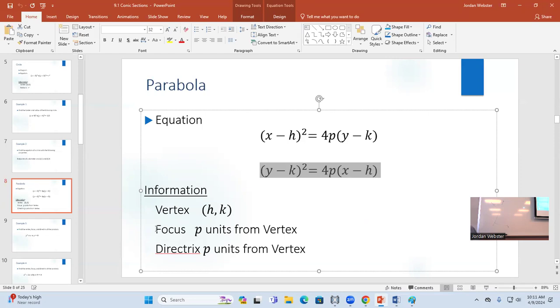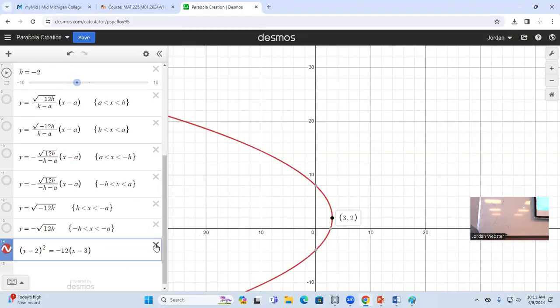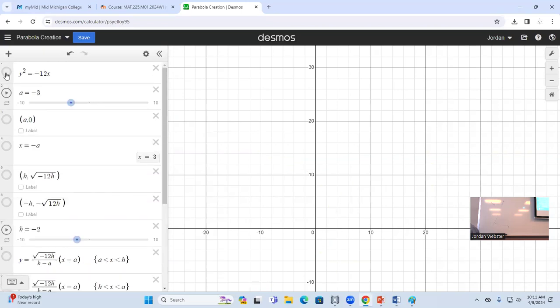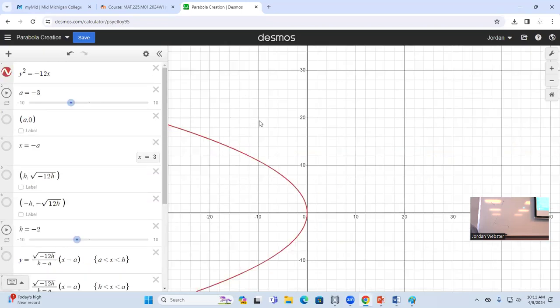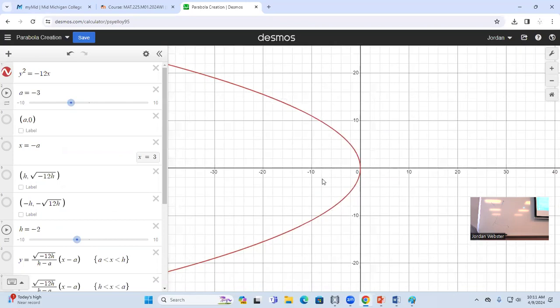Now, I want to explain what the focus and the directrix of a parabola are. And so I'm going to go back to my original parabola.